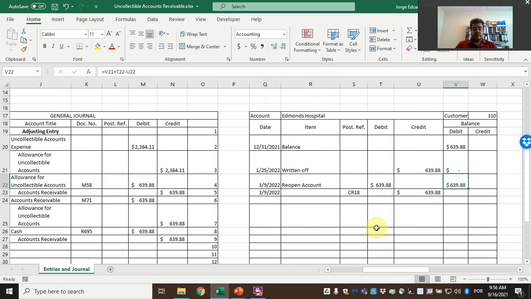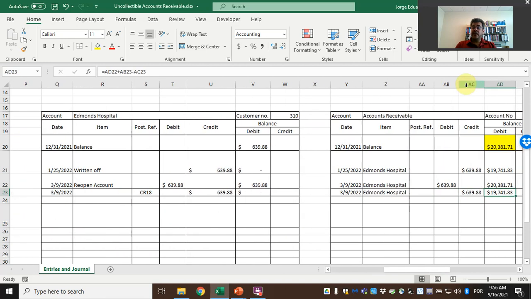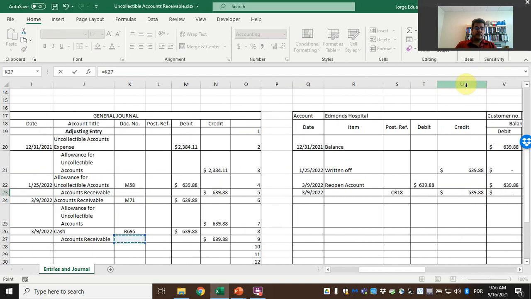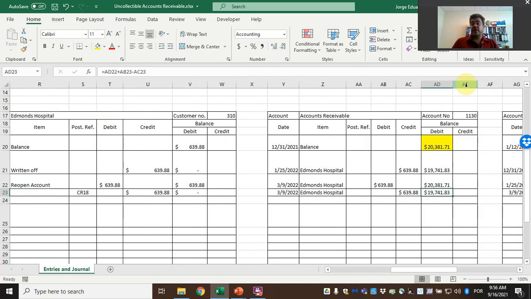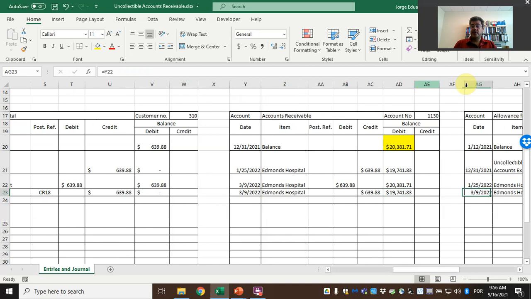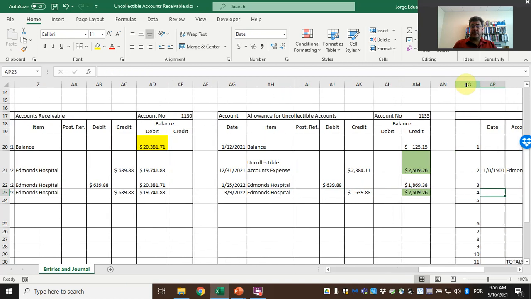So the ending balance will be nothing. On accounts receivable, we are collecting the money from Edmonds Hospital, 639. So our ending balance is 19,741. On allowance, nothing is done, nothing related to allowance anymore.